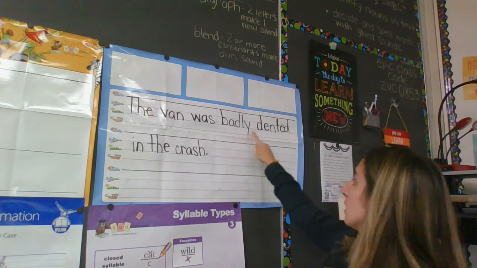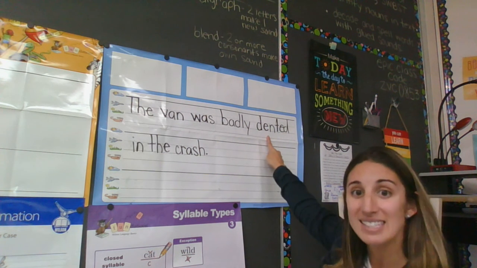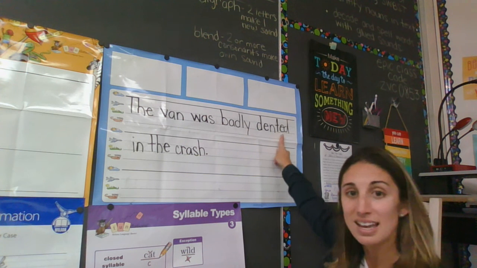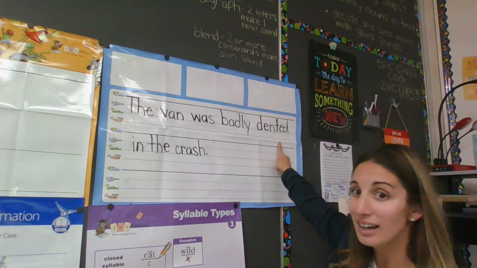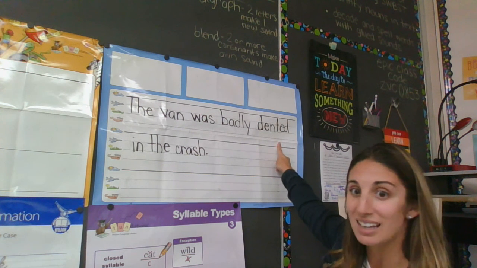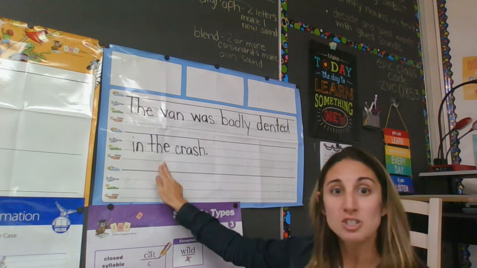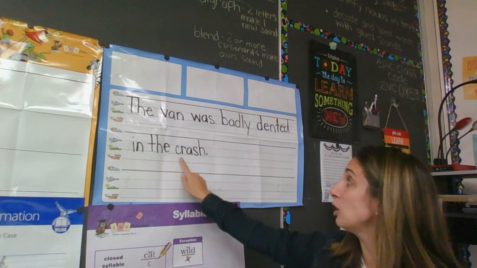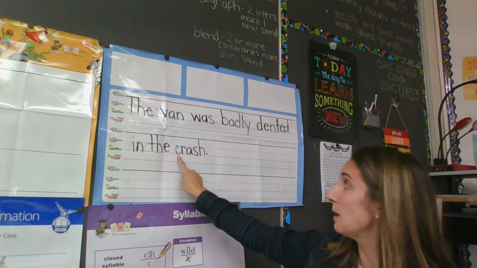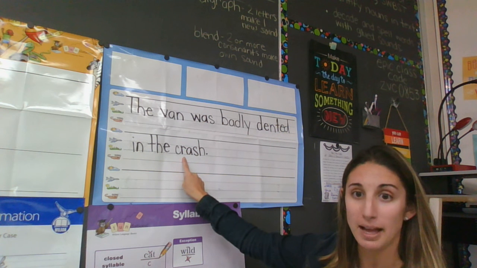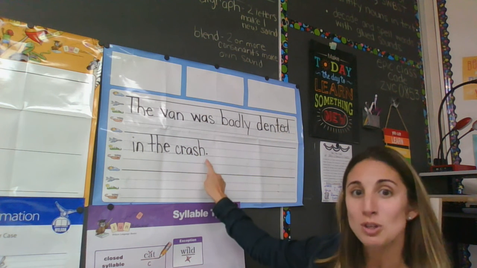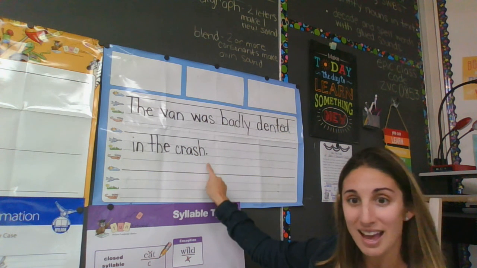Badly. Check the next word. Dented. Dent. And then ed, not id. There's no suffix that's id. In should be fine. The should be fine. And I'm really hoping crash, as long as you remember CR for the beginning blend. Do you have punctuation at the end?